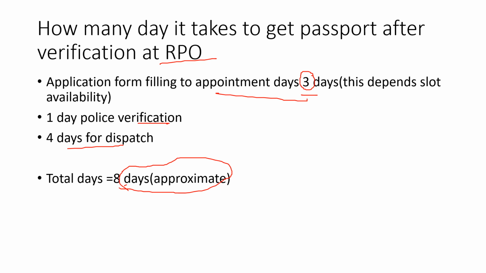Once you submit your application, or once you complete the process at RPO, you can track the status of the passport. For that you will receive a file number on your registered mobile number.